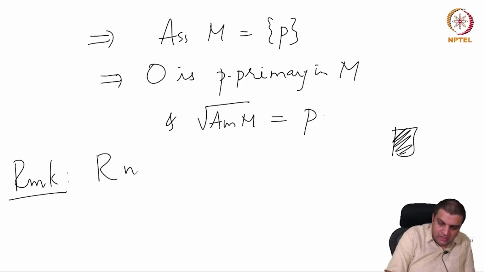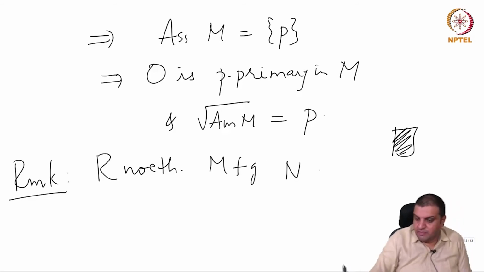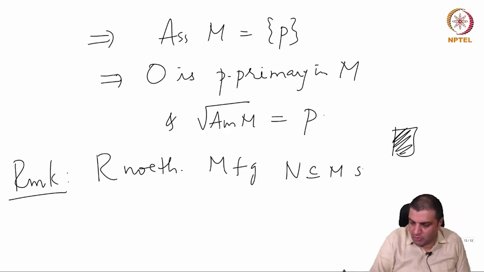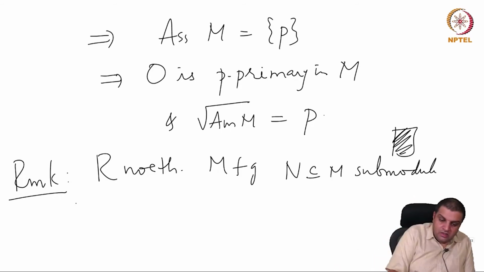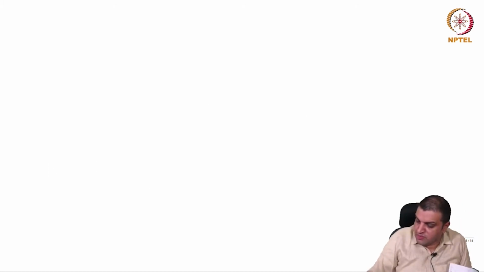I mean, not that this is what it means, but it has the following property: R Noetherian, M finitely generated, and N inside M a submodule. P is a prime ideal.